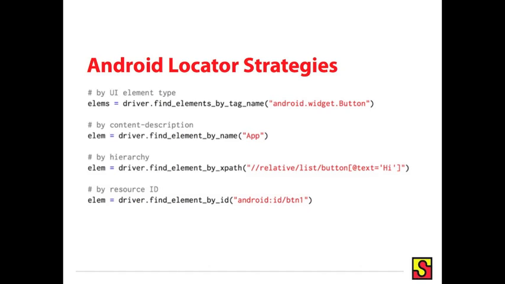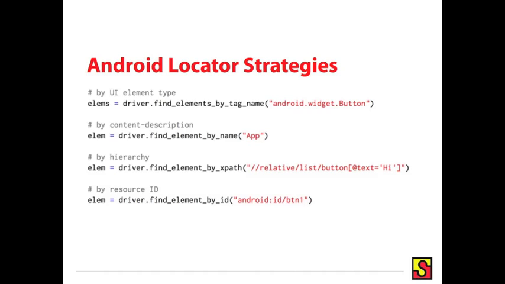Of course, sometimes you do want a hierarchical query, and in that case, we can use an XPath syntax in order to find elements by their position relative to other elements on the screen. So we could, for example, find the first button underneath the first list, underneath the first relative view. And we could further constrain this search by saying that we want the button whose text is high.